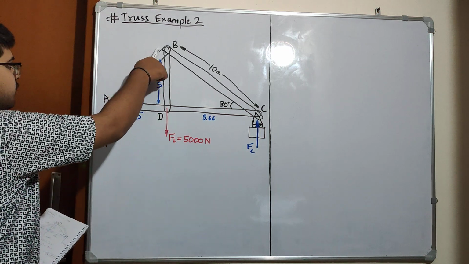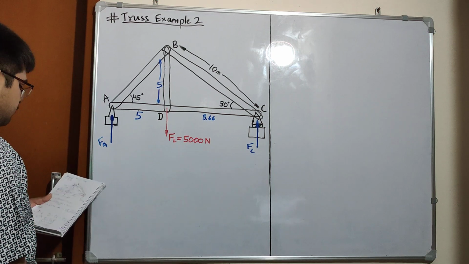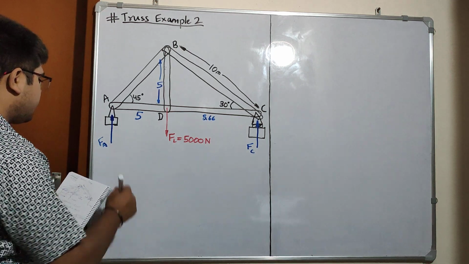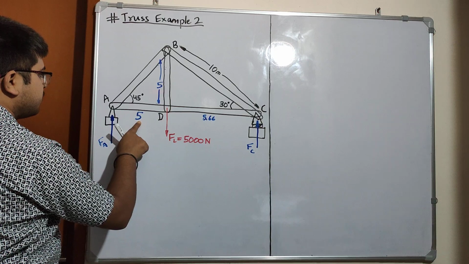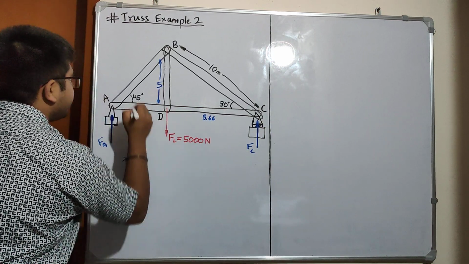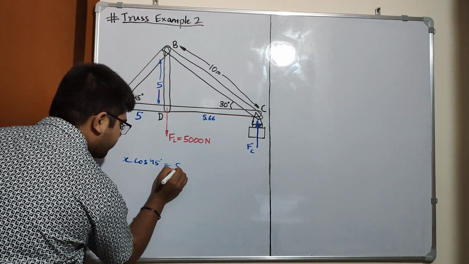And this one, we can get this length by x. X cos 45 is equal to 5. Let it be x. X cos 45 equals 5.